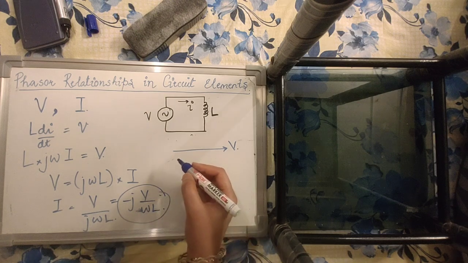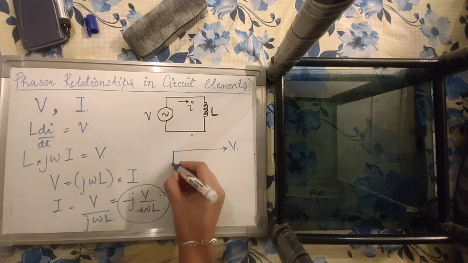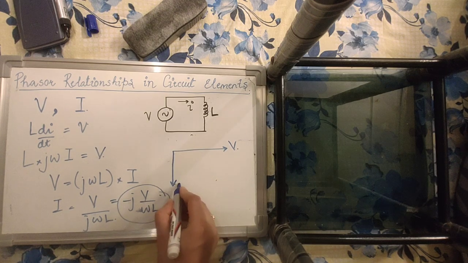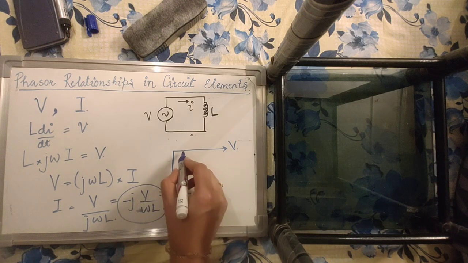It means that the current phasor will have an angle of minus j, that is minus 90 degrees. So this is my current phasor. Its magnitude will be V by omega L, and its phase will be minus 90 degrees.